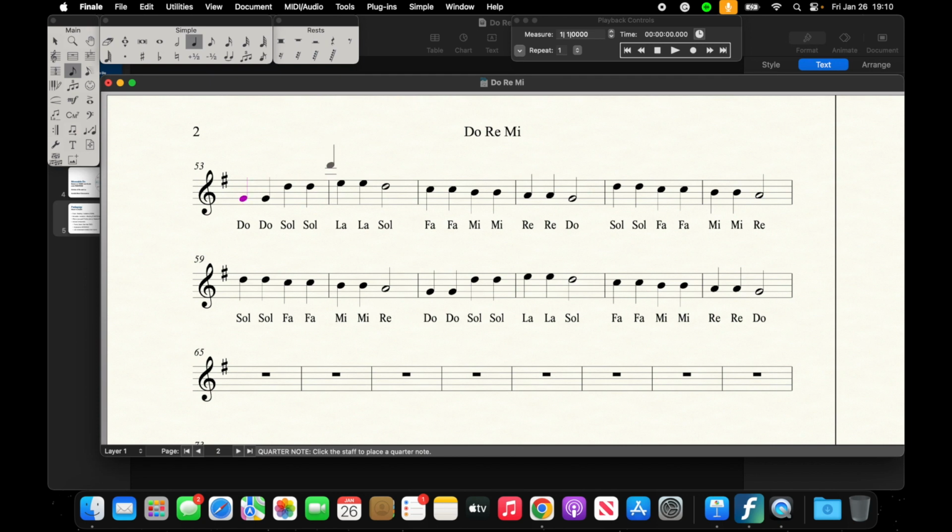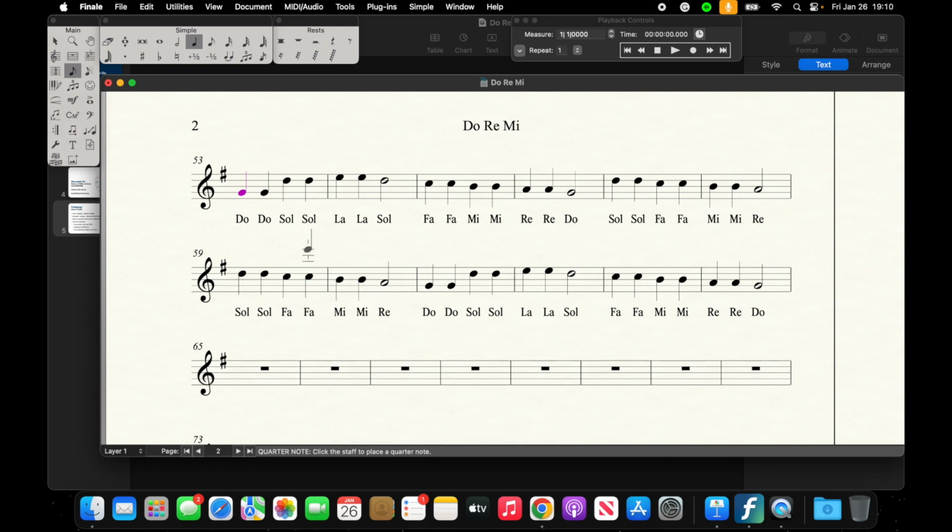All right. So when I'm thinking in movable do, I always know do to so is a fifth. It's functioning that way. Fa, do, do, so, la, la, so, fa, mi, fa, mi.